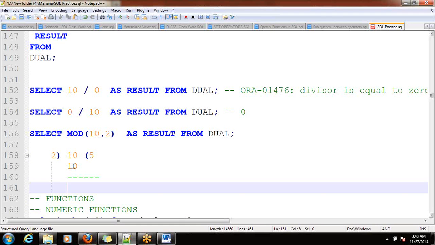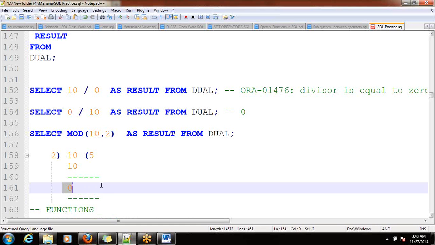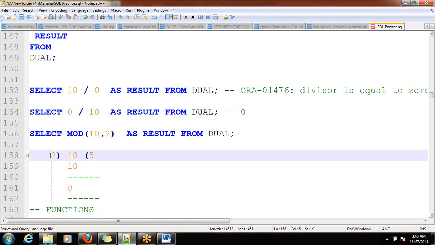So what is the remainder here? 0. So this is the remainder, this is the divisor, dividend, quotient.